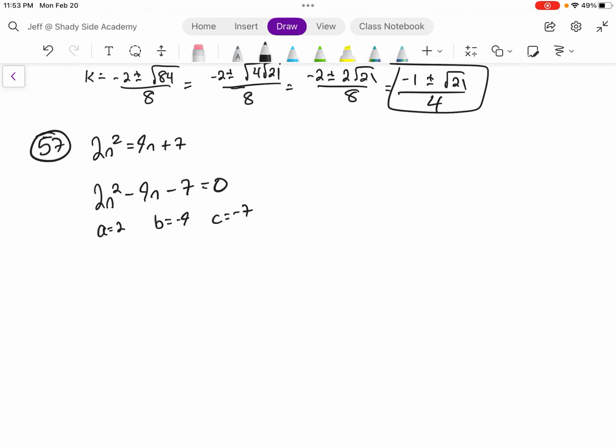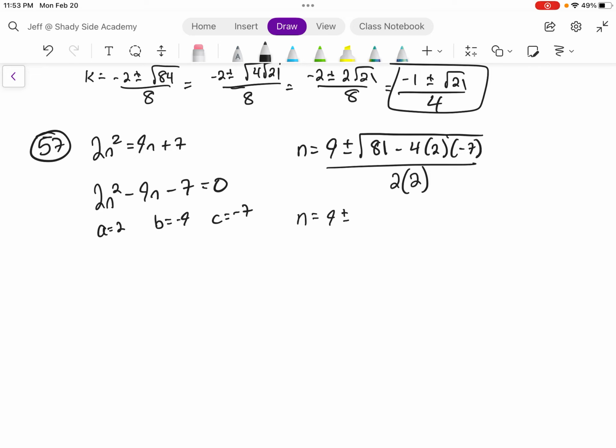And so we're going to get n equals negative b, so that's positive 9, plus or minus the square root of b squared, that's 81, minus 4 times 2 times negative 7, all over 2 times 2, 2a. Okay, so that's 9 plus or minus the square root of 81. And again, we have this minus minus, so that's a plus.